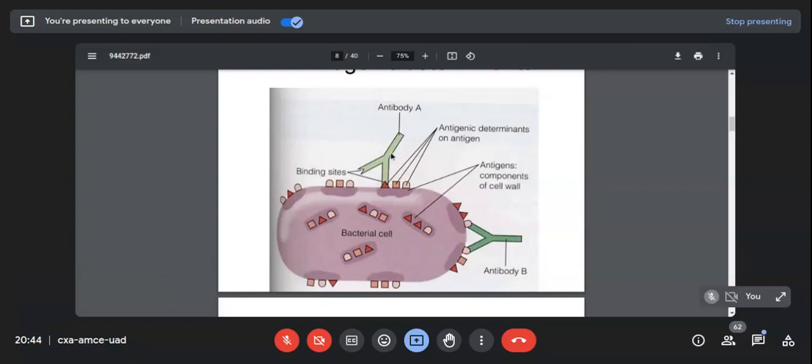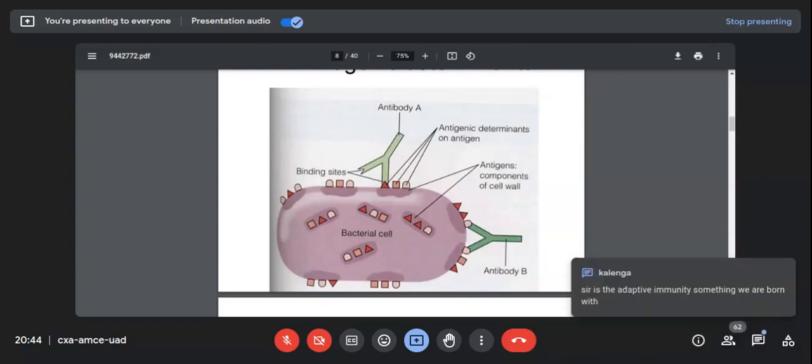When this antibody touches this antigenic determinant, it will signal the B cell that what I'm touching is an antigen. So take note of that.